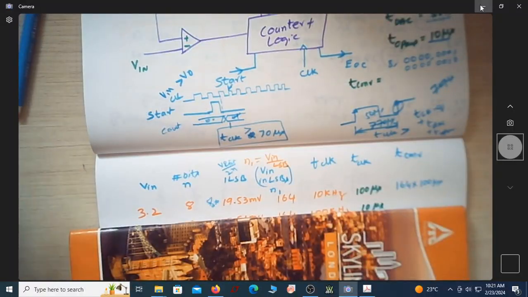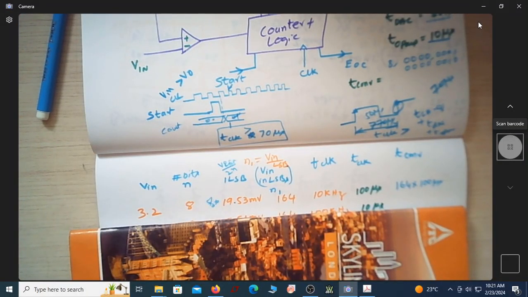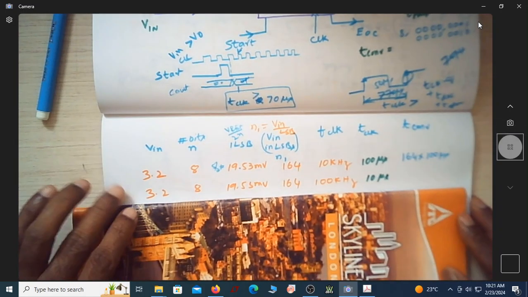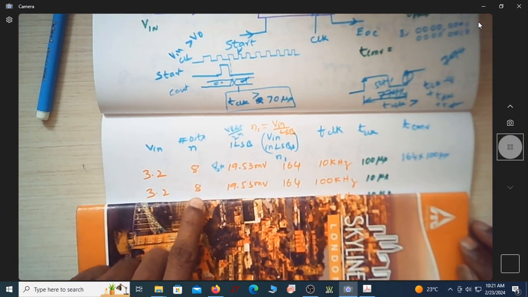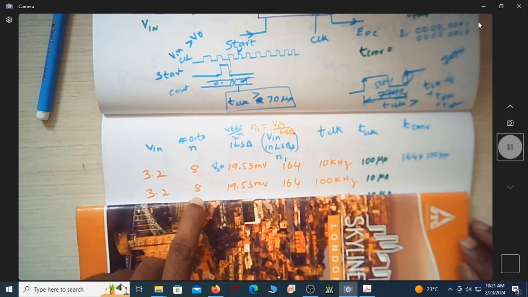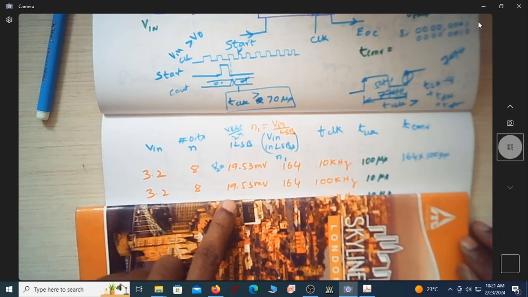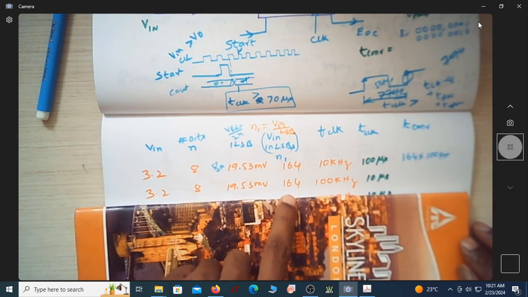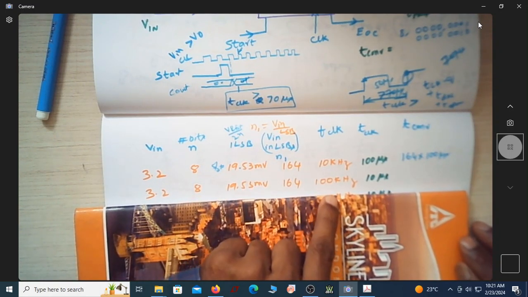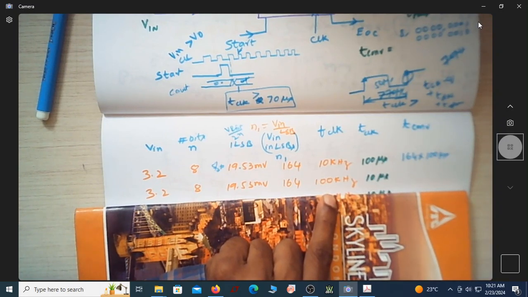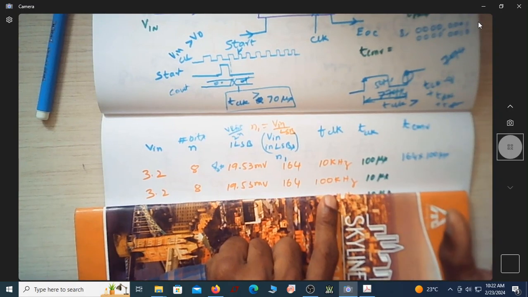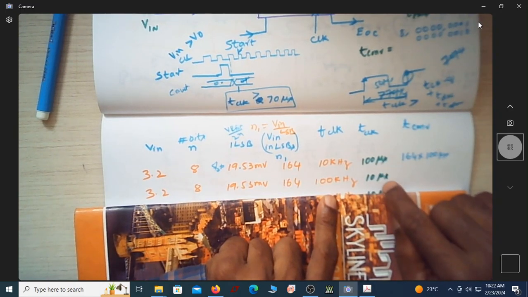Next, let us consider one more case. It's the same input voltage and the same number of bits. V reference is 5 volt, and the LSB is still the same. Since the input is the same, it is the same 164, but the frequency is now 100 kilohertz. When the frequency is 100 kilohertz, the time period of the clock is 10 microsecond.